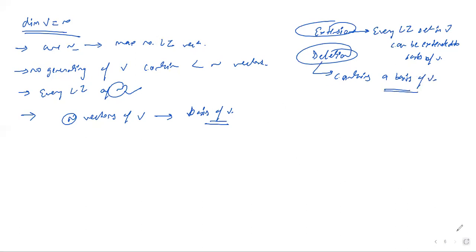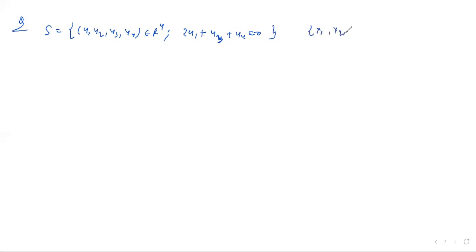Now let's see these more clearly in the format of examples. It will give us a clear understanding. Let's say I have a set S of vectors u1, u2, u3, u4, which belong to R to the power 4, with the condition 2u1 plus u3 plus u4 equals 0, where I have x1, x2, x3, x4 as my generating set of S. This is my subspace.